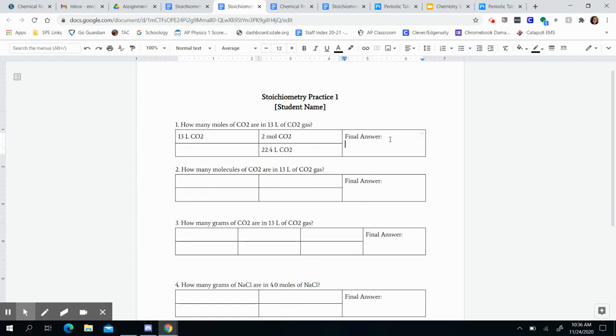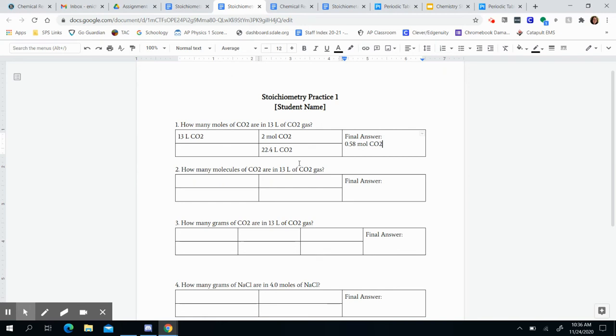So then I just put my final answer in here, and that's 0.58 moles of CO2. So I don't have to do it on paper. I'm going to do it both so you can see both, but I know to multiply these top 2 numbers divided by everything on the bottom, and that's going to give me my final answer.